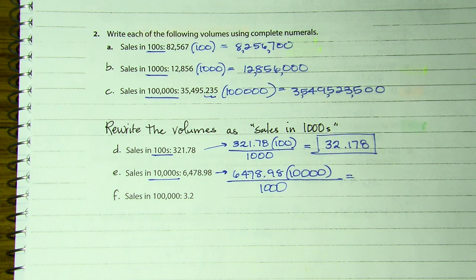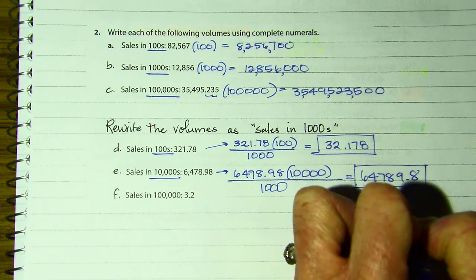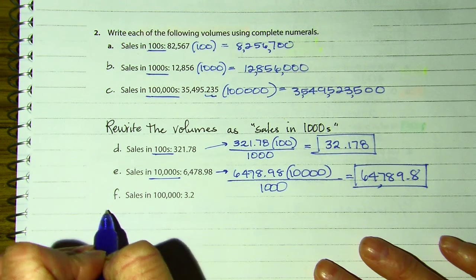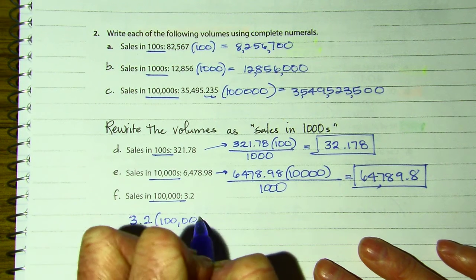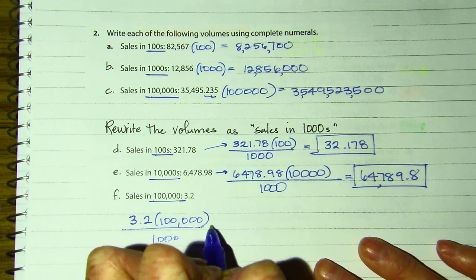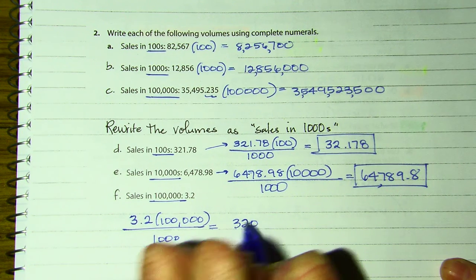So 6478.98 times 10,000 divided by 1,000 is 64,789.8. The last one, right, I'm going to multiply. First I have to calculate my volume, so I'm multiplying by 100,000, and then I will divide by 1,000 to put this in terms of 1,000. So 3.2 times 100,000 divided by 1,000, and I get 320 shares.